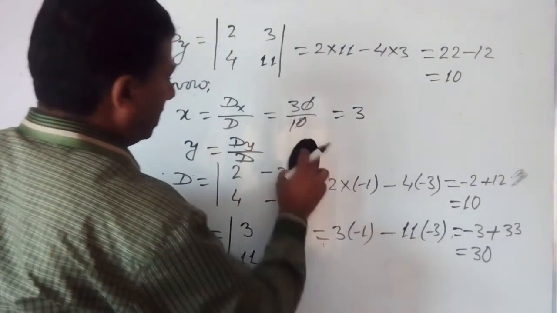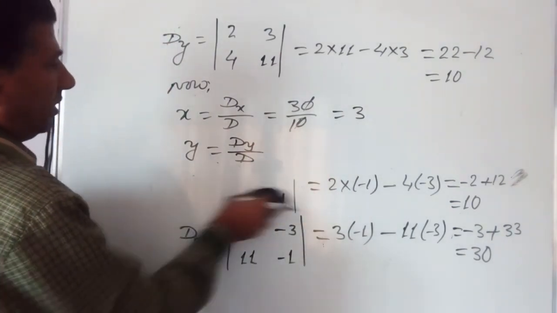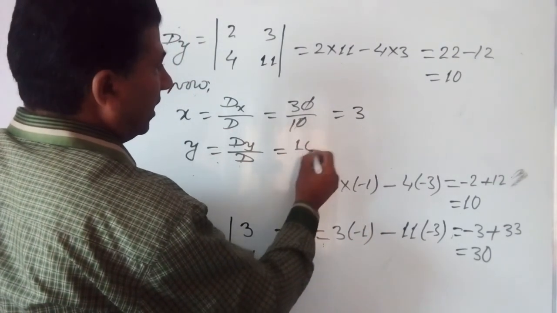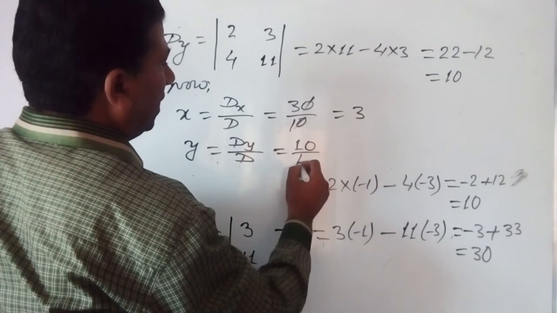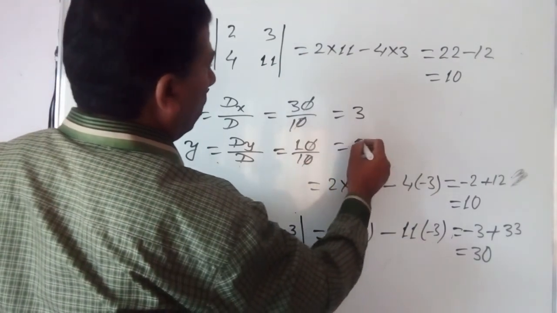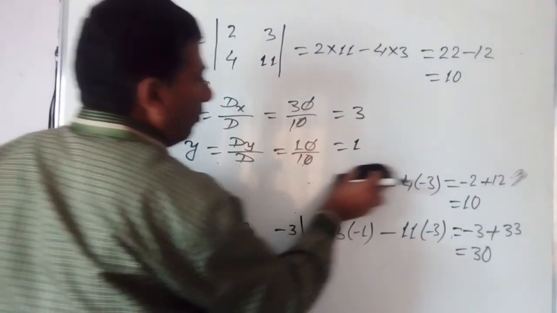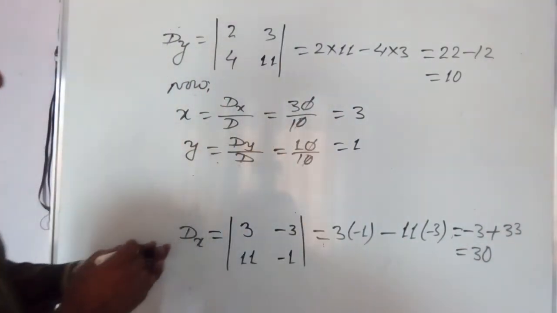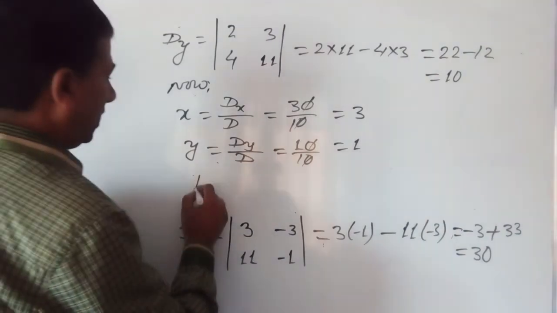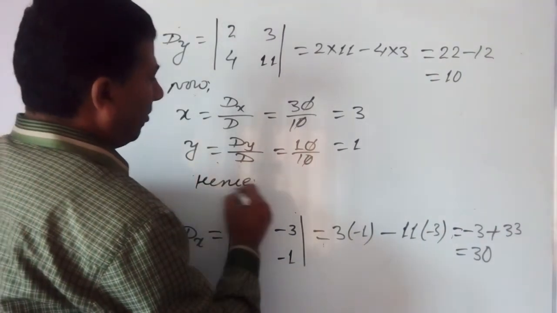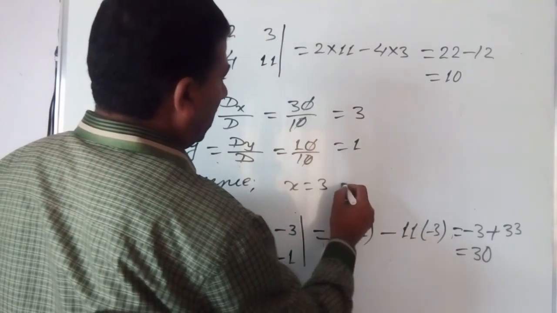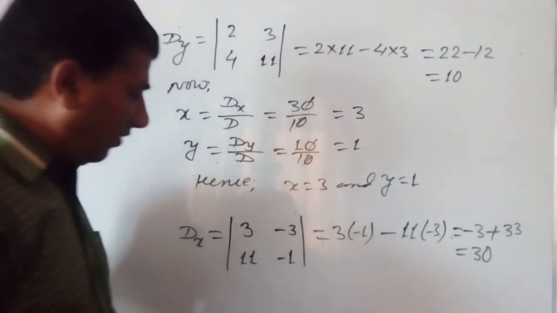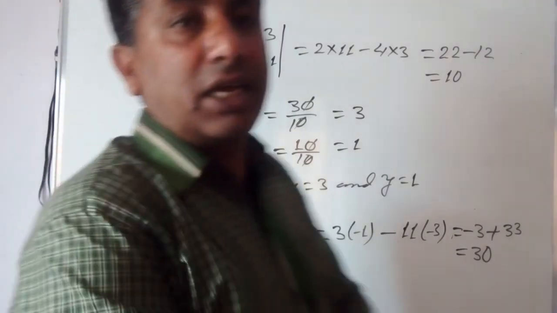The value of dy is 10 and d is also 10. Cancel. Now we found the value of x and y. Hence x equals 3 and y equals 1. Hence we found the values of x and y by using Cramer's rule.